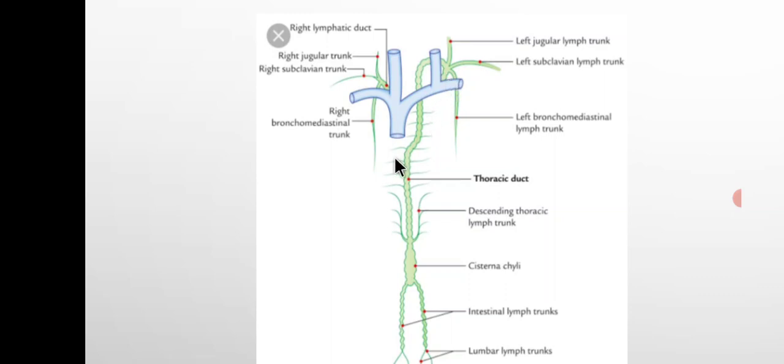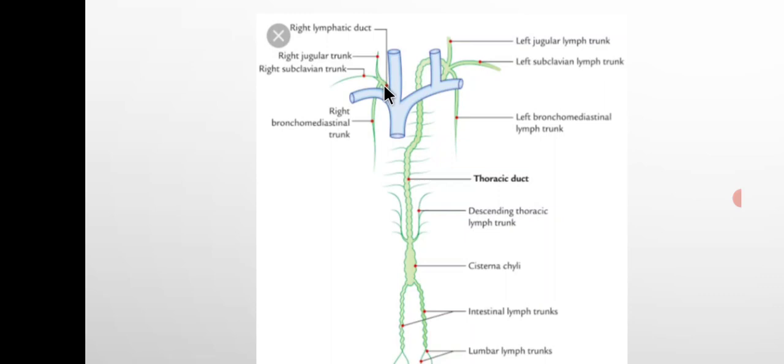Okay, so these are the tributaries received by this thoracic duct. But one question arises: if this drains only the left side of the thoracic cavity, what about the right side? On the right side, there is the right lymphatic trunk.